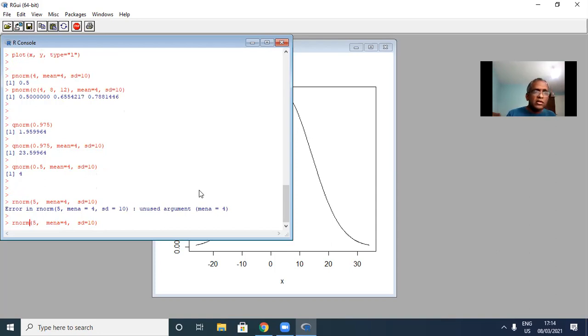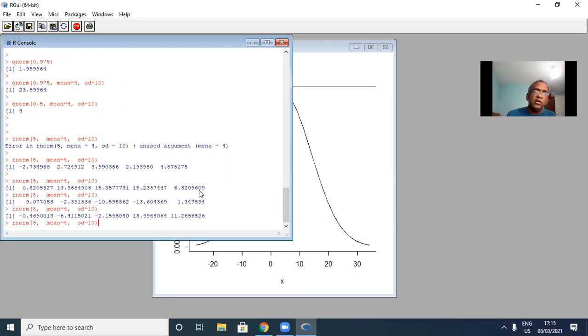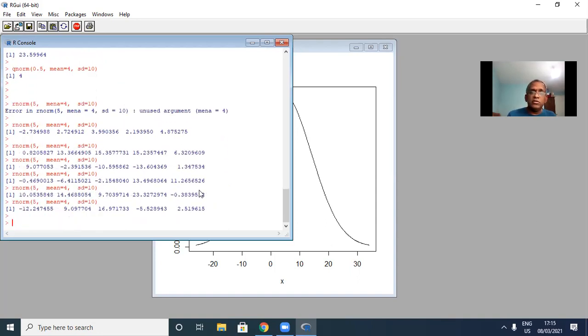Mean equal to, sorry, I misspelled. It should be mean. Okay, so these are the 5 random numbers. And every time you type, you get different numbers, because they are random. So these are 5 random numbers from a normal distribution with mean 4 and standard deviation 10.